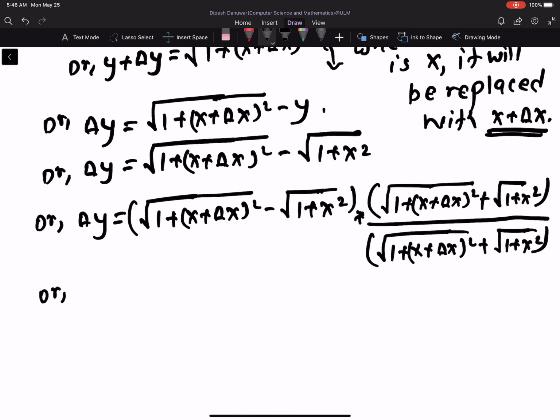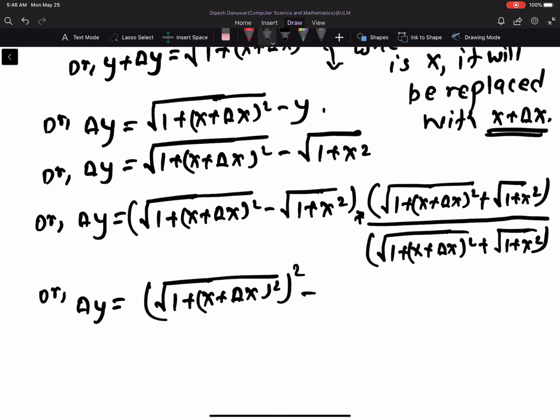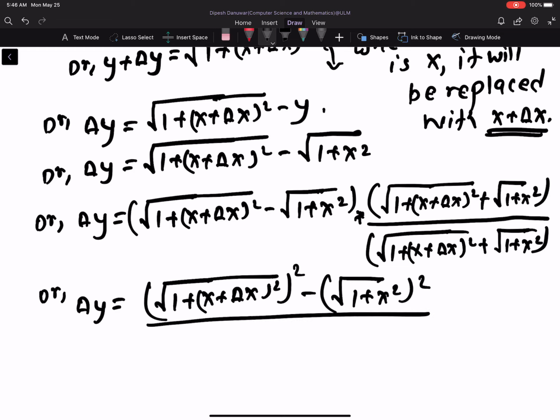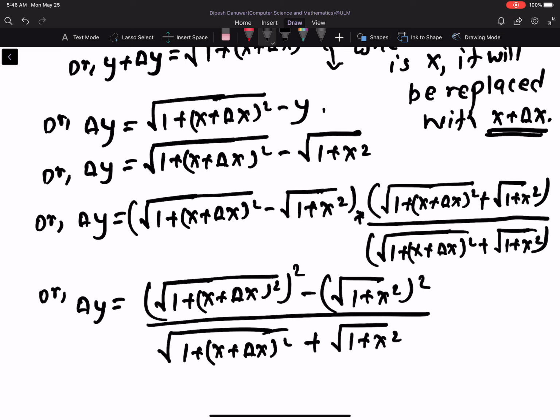So delta y is equal to [root under 1 plus (x plus delta x) whole square, whole squared, minus root under 1 plus x squared, whole squared] by [root under 1 plus (x plus delta x) whole square plus root under 1 plus x squared].